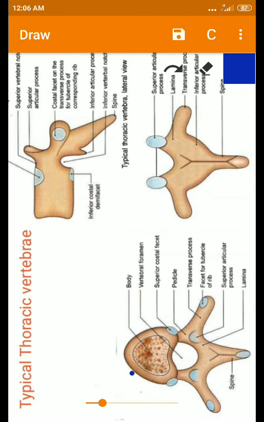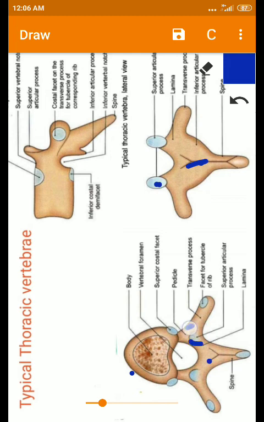These articular facets face backwards. You can see how it is facing: it is facing backwards because it is the posterior aspect. That means the facet is facing backwards, and somewhat laterally, and upwards.